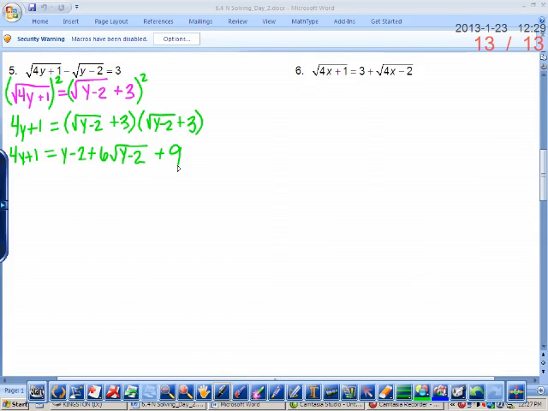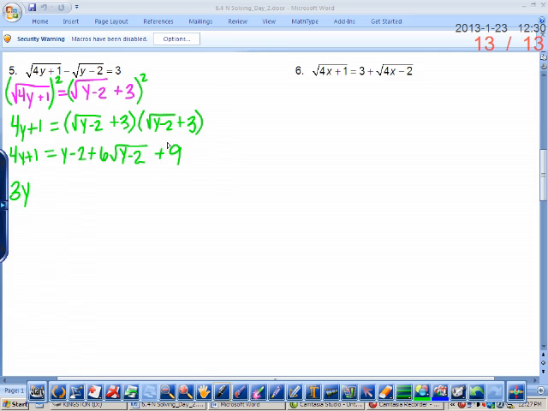So we still have a radical in there that we're going to have to deal with. So we need to isolate that radical now. So get your y's and your constants over to the left. You can combine the negative 2 and 9 on this step, or when you just move everything over, you can do it in that step. Okay, so I've got y over here, so I'm going to subtract y, so I'm going to get 3y.